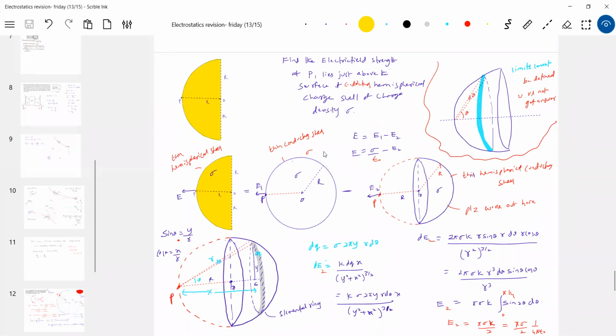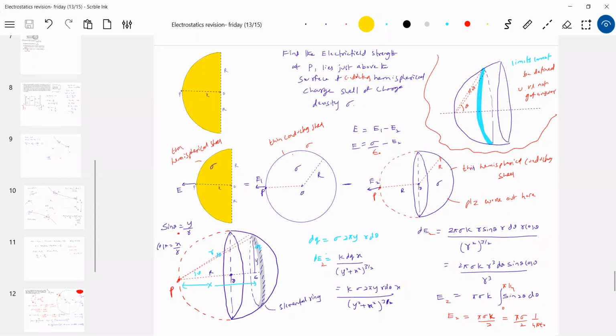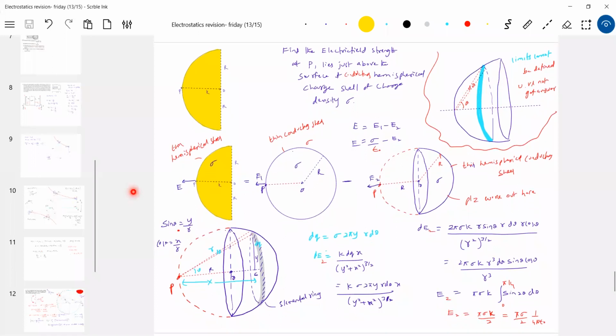There's no problem if the ring is here, but the ring radius will decrease, so it will come here. What limit do you define here? There is some finite element, so you can't define that limit. Point P is just above. Here also some element will come, so you are leaving that element.